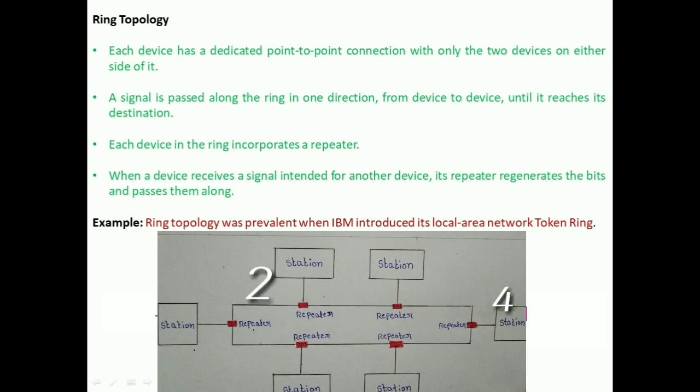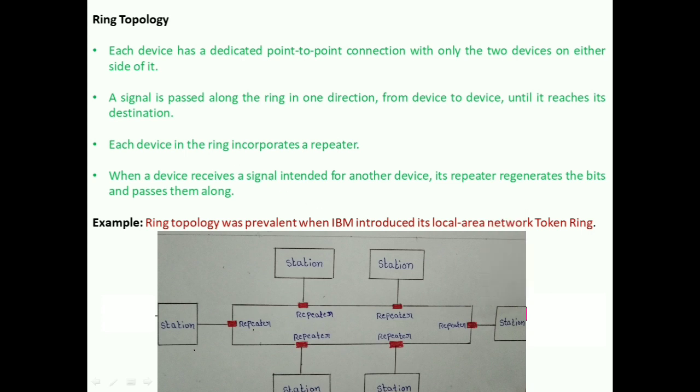Whenever it encounters a signal which is not intended for this particular device, the repeater regenerates the bits and passes them along to the next station, and this repeater, if it checks that the signal is not for this station, again regenerates the bits and sends them to the next station. Now this signal is intended for this station, so this station receives the signal.